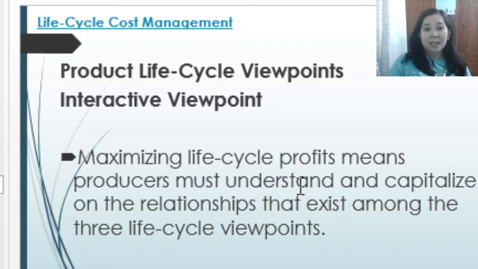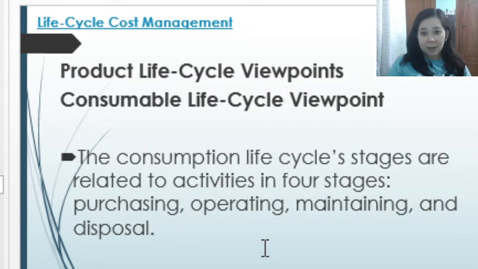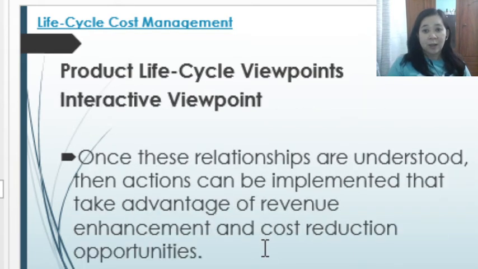Meaning the producers must understand and capitalize on the relationships that exist among the three life cycle viewpoints that we've mentioned earlier: the producer, the consumable, and the other one, production. These are the relationships.